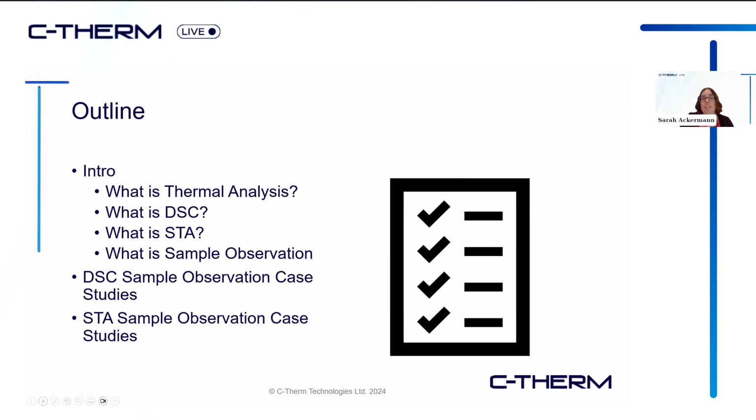And these case studies are ones that I've picked where the sample observation functionality enables the collection of information that you could not understand with DSC or STA alone. And the reason why I picked that is because I want to highlight how this can be used to solve real research problems. So with that said, let's get going.